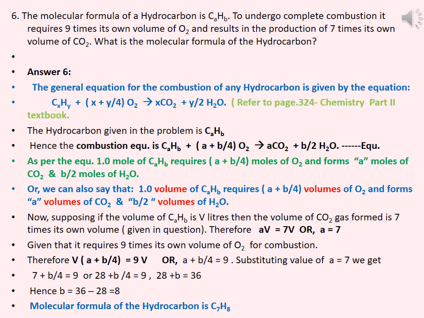Substituting the value of a as 7, we get 7 plus b/4 is equal to 9, or (28 plus b) divided by 4 is 9, or 28 plus b is 36, hence b is 36 minus 28, which is 8. Therefore, a is equal to 7 and b is equal to 8. Therefore, the formula of the hydrocarbon would be C7H8.